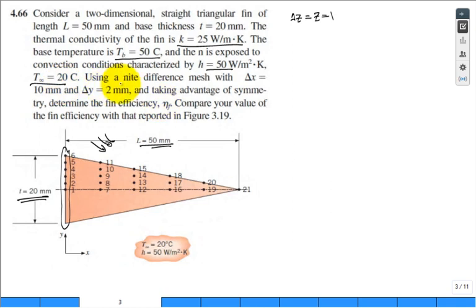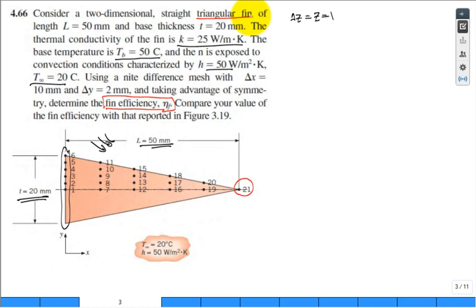With that finite difference mesh as shown, they've shown 21 nodes at different locations, right? What they want you to do is solve for the fin efficiency for this triangular fin. How are you going to do that?